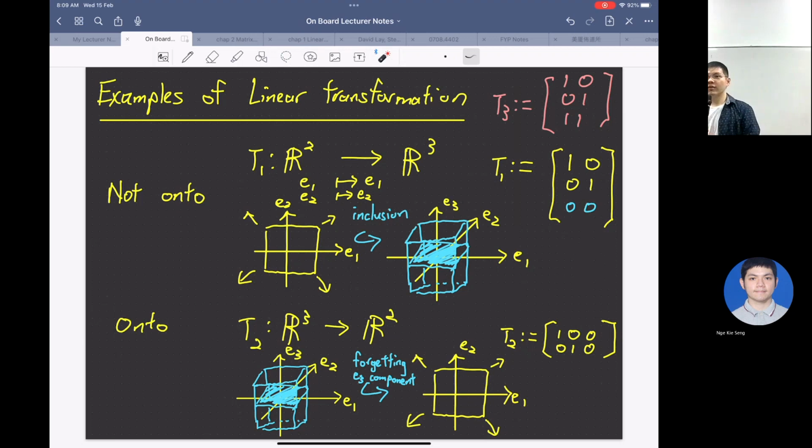How to check something is one-to-one? Ax equal to 0, if and only if x is the only trivial solution, right? So if you solve this T1 using a homogeneous system, what solution do you get? So there'll be a quiz today, okay?